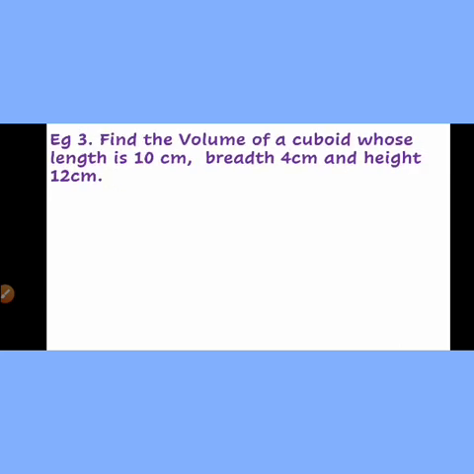Now here we have another different example. Example 3 says, find the volume of a cuboid whose length is 10 centimeter, breadth 4 centimeter, and height 12 centimeter. Remember, as I said earlier on, that in solving a mathematical problem, you must always use the formula.